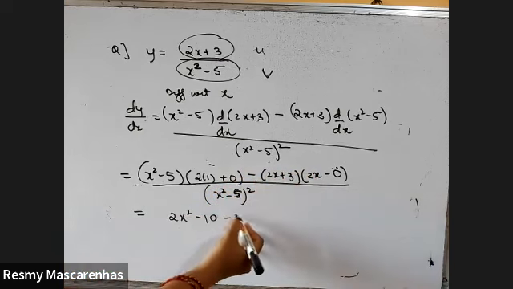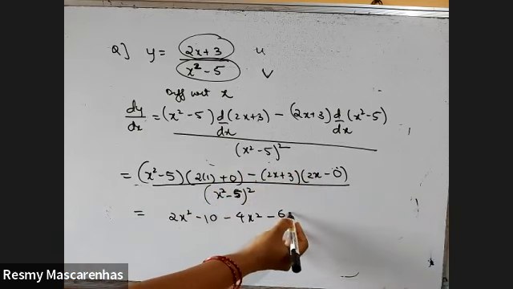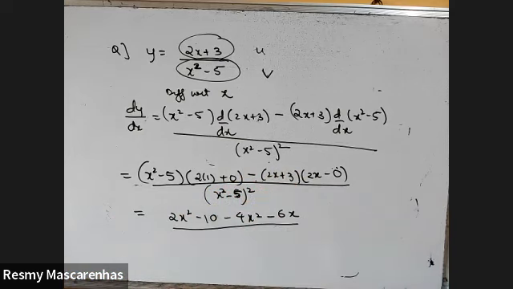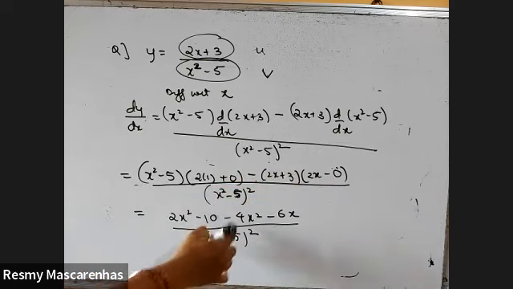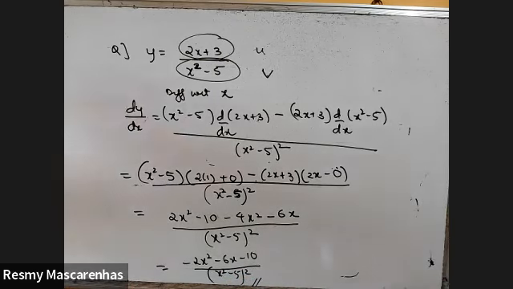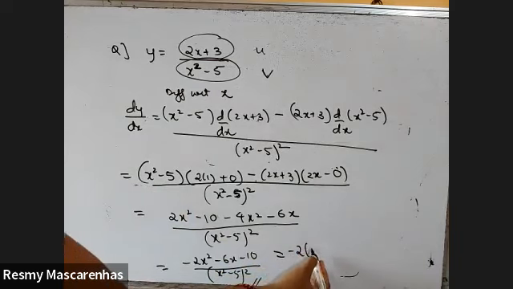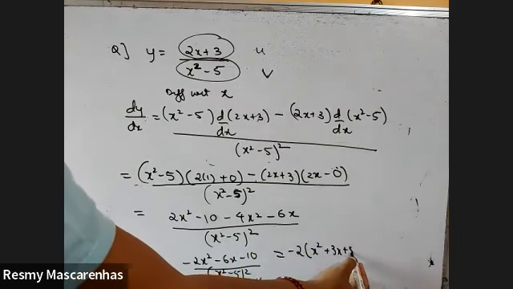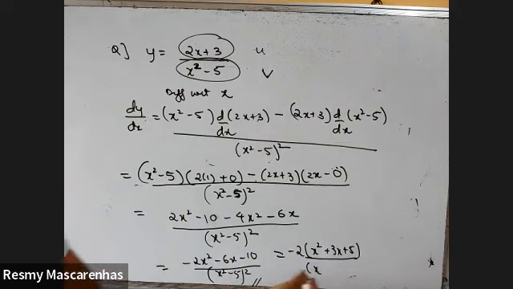Minus 4x square. This is minus 2x square. This is done. Just in case you want, you can still further simplify, take out minus 2 common. In that case, it will be like this, or I can leave the answer like this also.